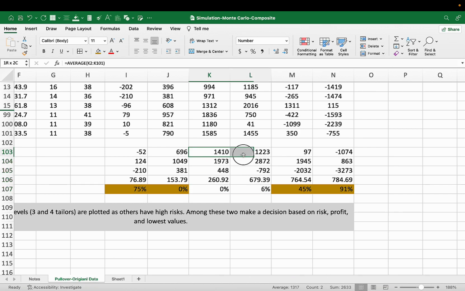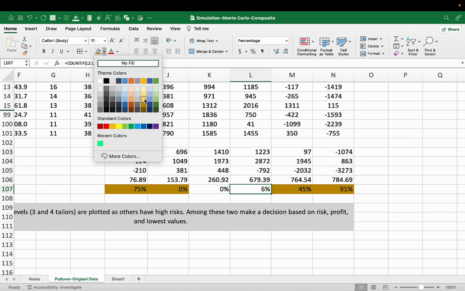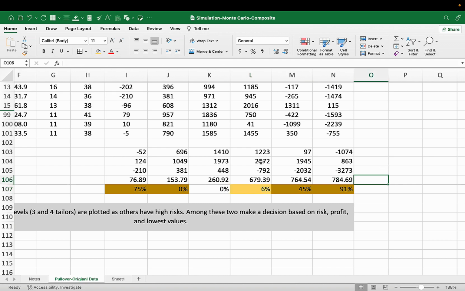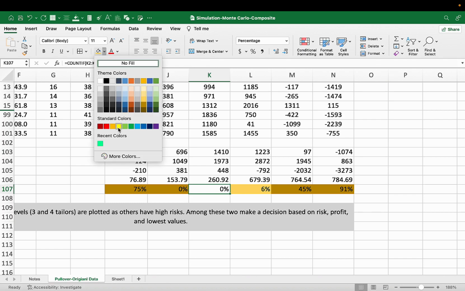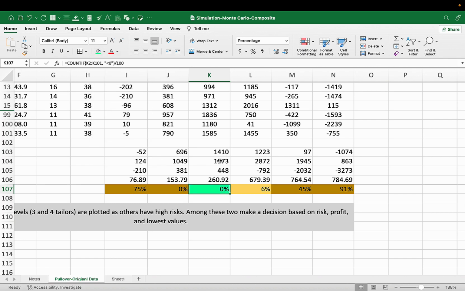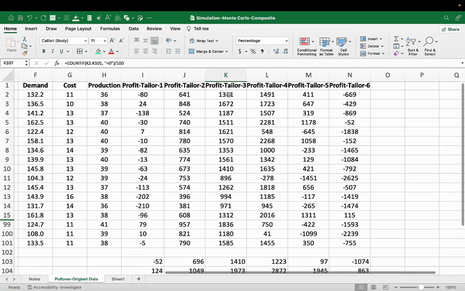So I think now we know what to do. When we are comparing our profit and risk, it looks like Taylor 3 is perhaps a better option. So I would like to exclude this one also, which means it's okay, but not a very good choice. So I would go for this one, which means we go with 3 Taylors.